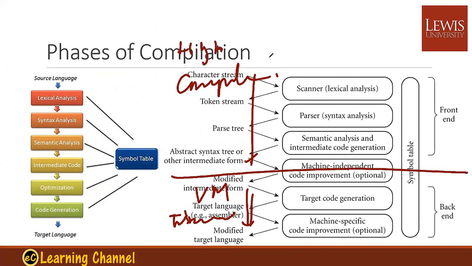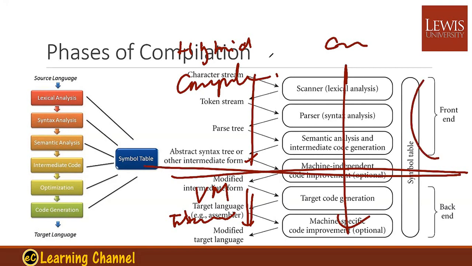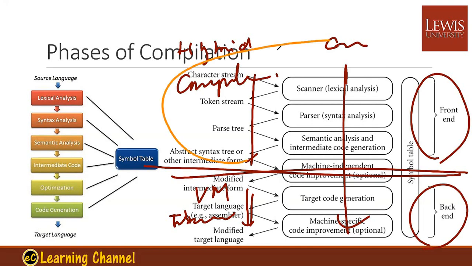C++ is compiler-based, so you go all the way down to here. This portion we call the front end, and this machine-dependent portion we call the back end. Okay? We spend more time on the front end.